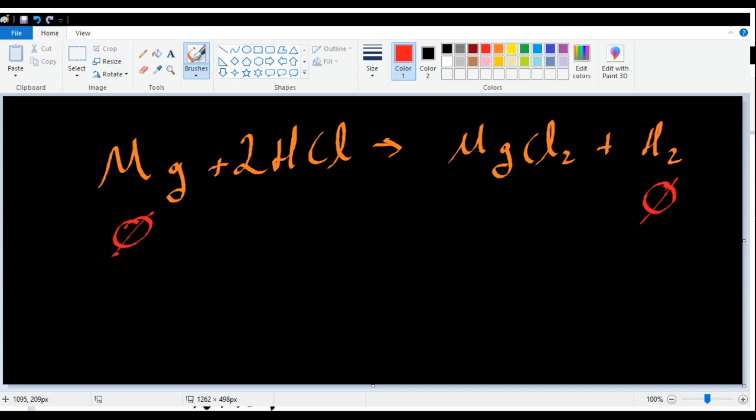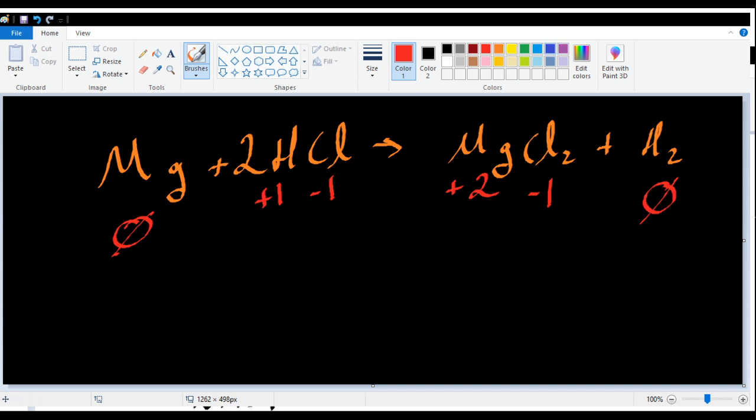So now we come back over here to our hydrogen chloride, our hydrochloric acid. Hydrogen is +1, chloride is -1. Nice and simple. Coming over here to magnesium chloride, chloride is still -1, and magnesium is going to be +2.